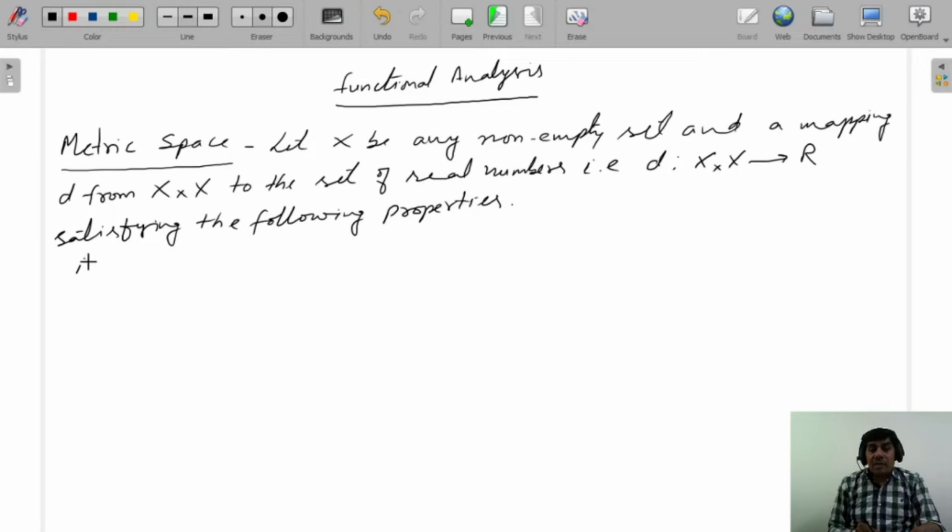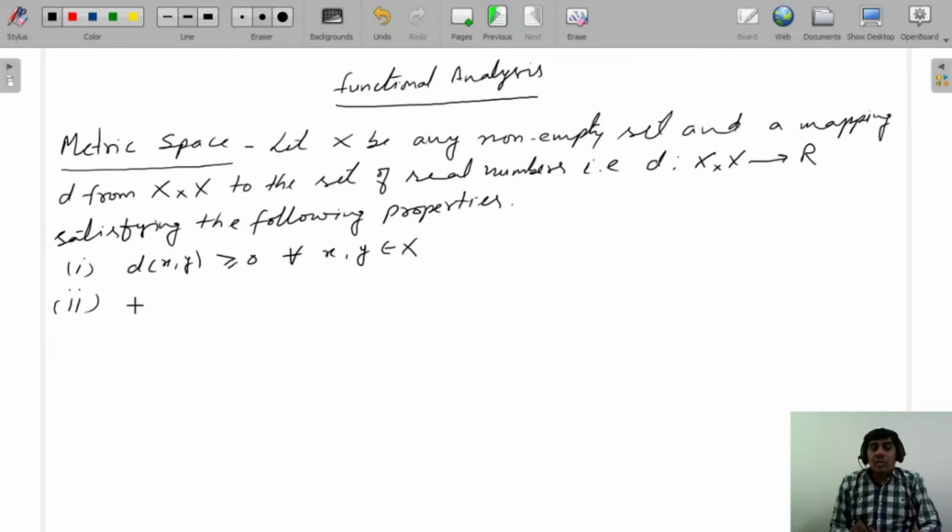The first property: d(x,y) is greater than or equal to 0 for every x, y belongs to capital X. x, y are any two elements of capital X, then d(x,y) is always greater than or equal to 0.